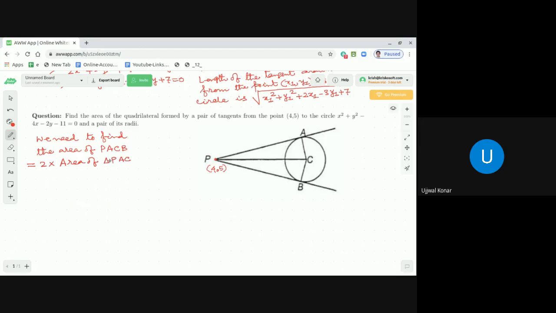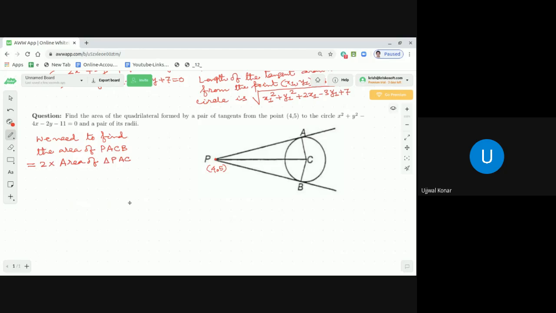Why? Because the area of the quadrilateral PACB is equal to the area of triangle PAC plus the area of triangle PBC. Both triangles, PAC and PBC, are congruent, so their areas must be the same. Hence the area of the quadrilateral PACB is 2 into the area of the triangle PAC.